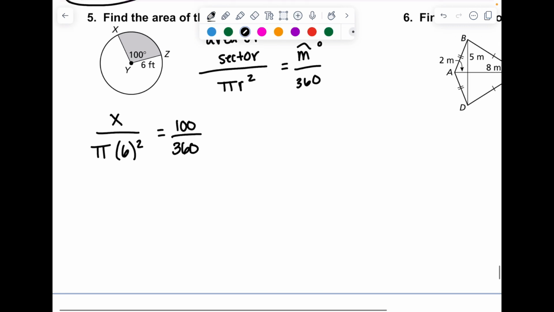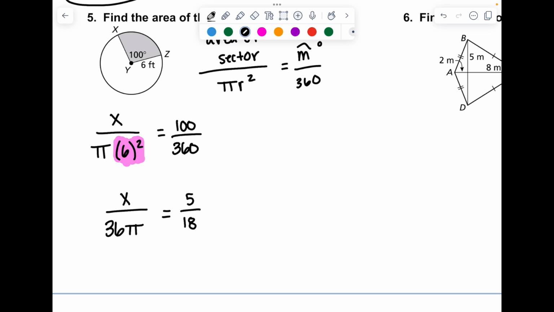So we can start again by doing some simplifying so that our cross multiplying isn't so big. So let's start with simplifying this side of the equation. 6 squared is 36, so we have x over 36 pi. And then on the right, you can type 100 over 360 into your calculator, and it should simplify down to 5 over 18.